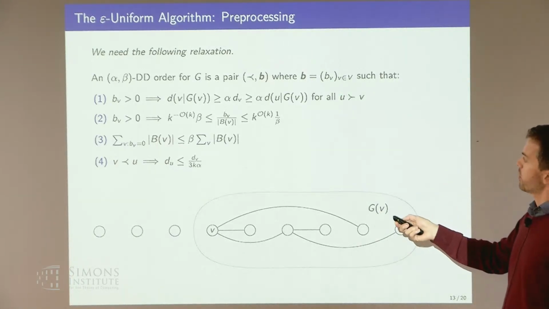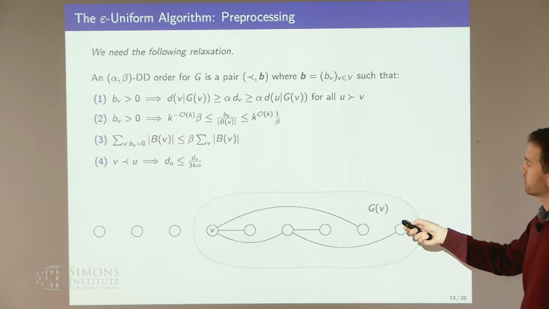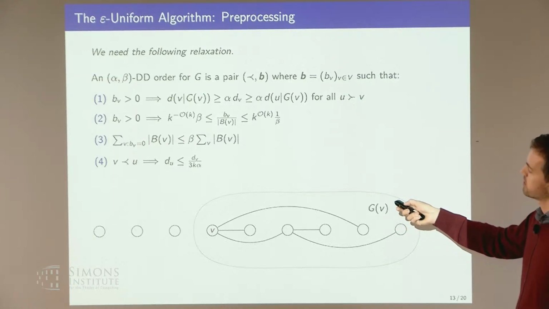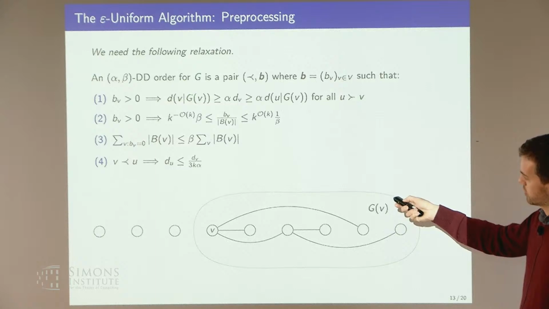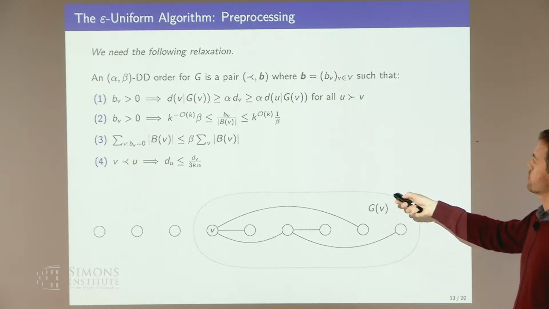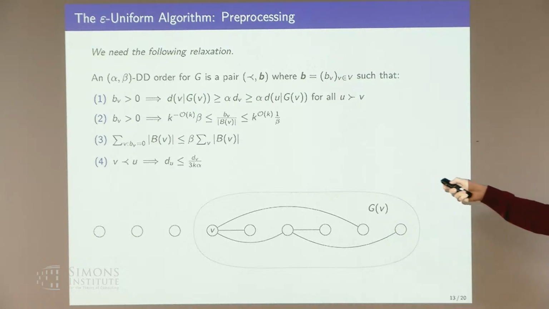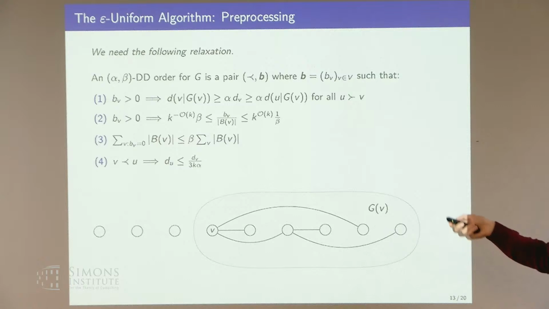And the condition I want is, okay, if the estimate tells me that the bucket is non-empty, then V has, this would be the degree of V given V, sorry, this is G of V, but take it as given V. So the degree of V in GV is at least alpha times the degree of U in GV, plus some other technical condition. So this is just the relaxation I was talking about one slide before.